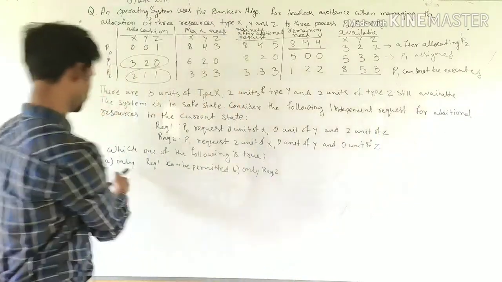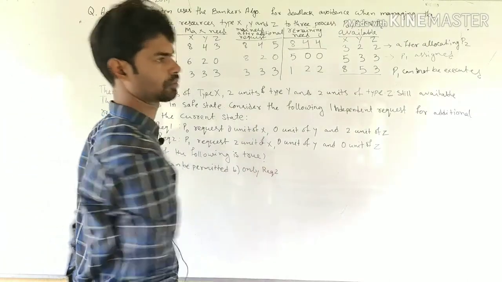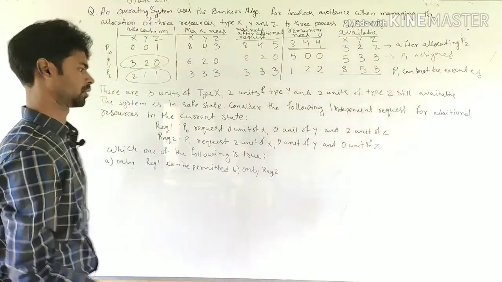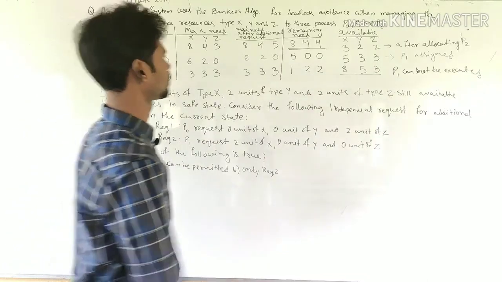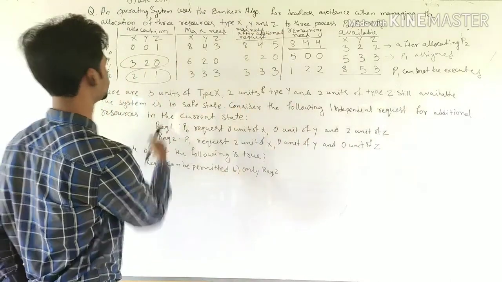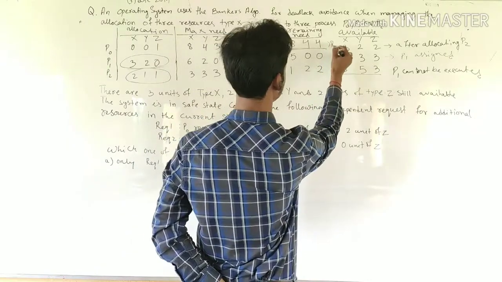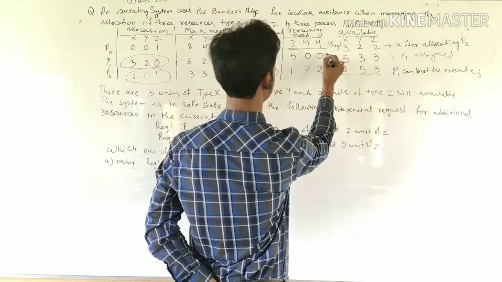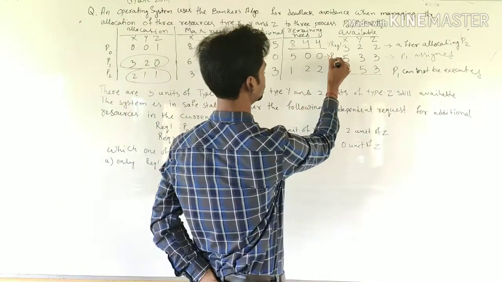The question is asking whether only request 1 can be permitted, or only request 2 can be permitted, or both can be permitted, or neither can be permitted. Here you can see what was request 1. Request 1 is for P0, and request 2 was P1.